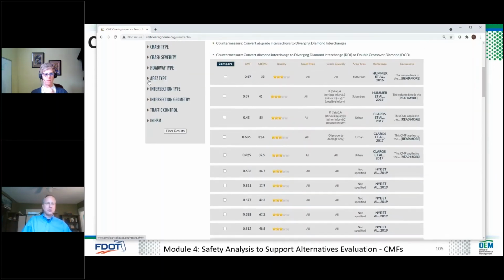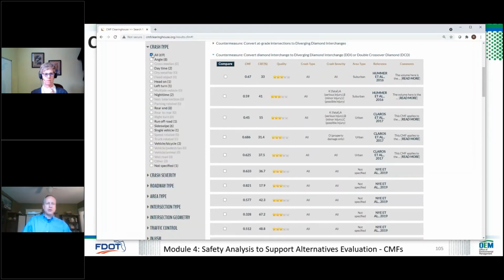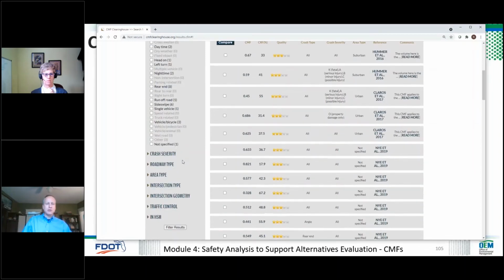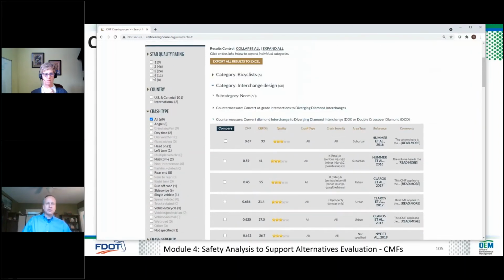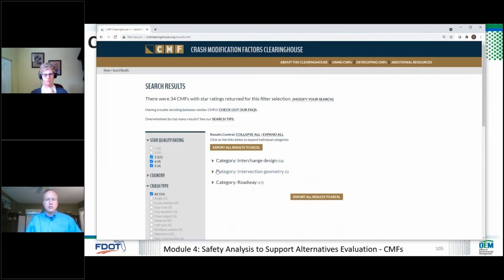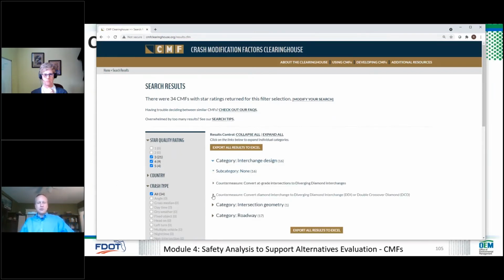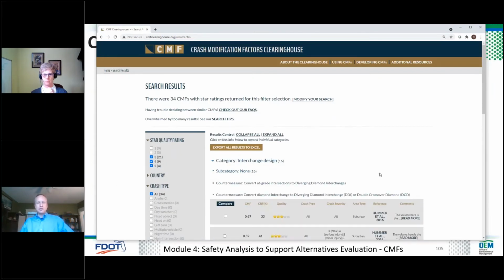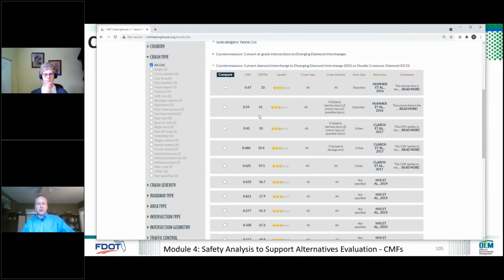So let's go over on the left here and say I want only those that apply to all. And up at the top, I only want star ratings of 3 or more. Filter my results. I'm down to 14. These 2 still get pulled, but I've got 14 now.